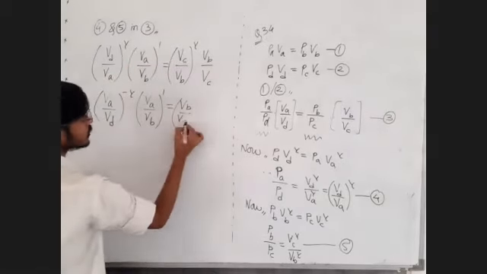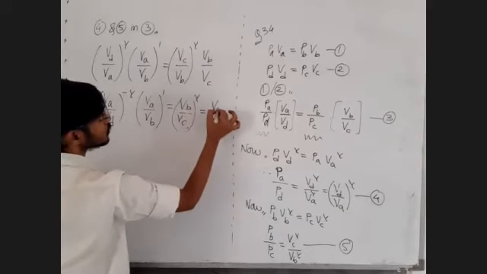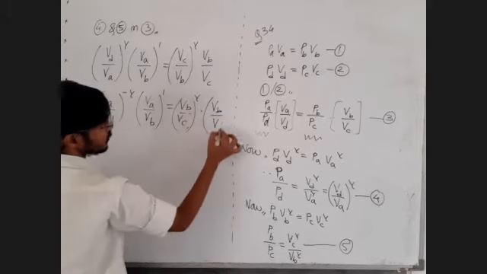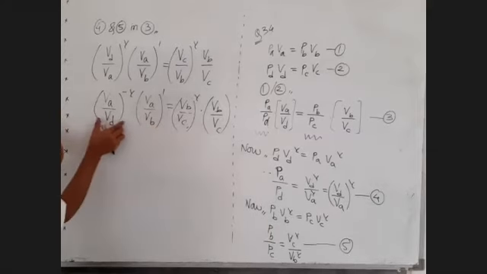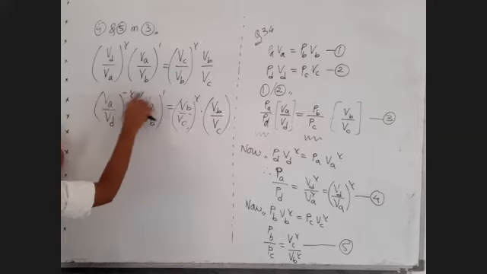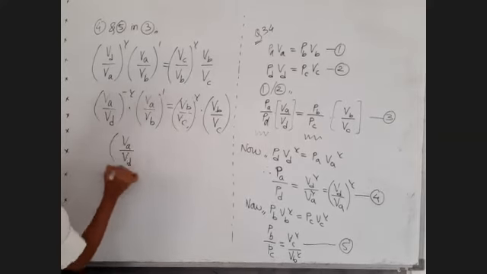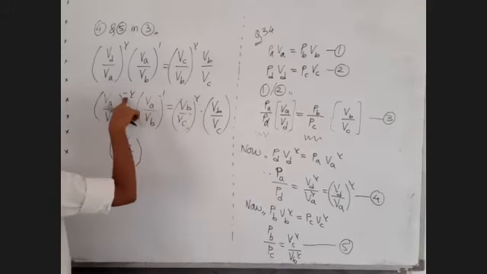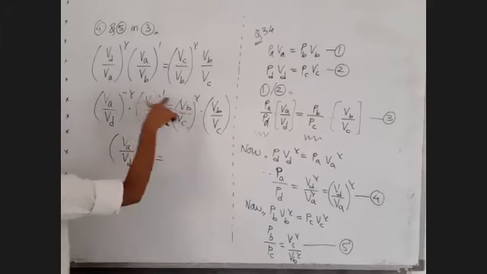So VB upon VC raised to gamma, multiplied by VB upon VC. Now the base is the same, this bracket and this bracket are the same. Base same, multiplication, addition of indices. So that will become VA upon VD raised to the addition of indices, minus gamma plus 1, or 1 minus gamma.